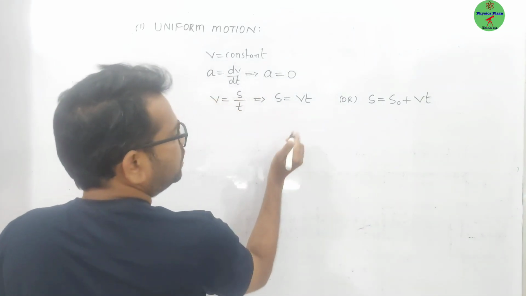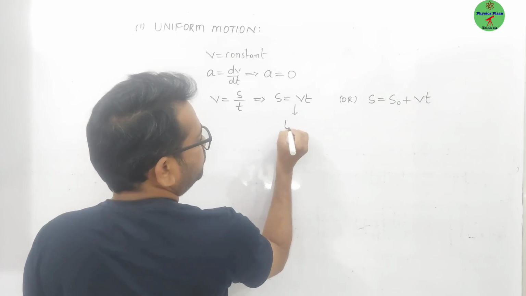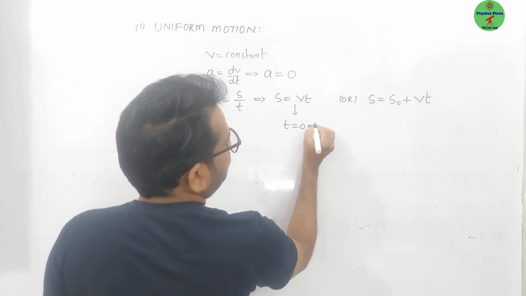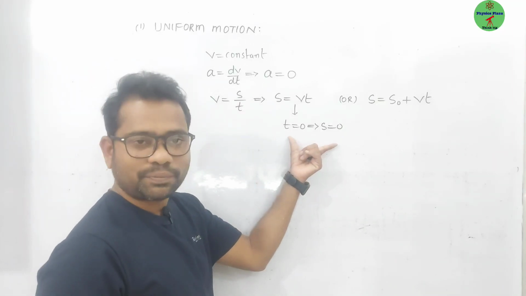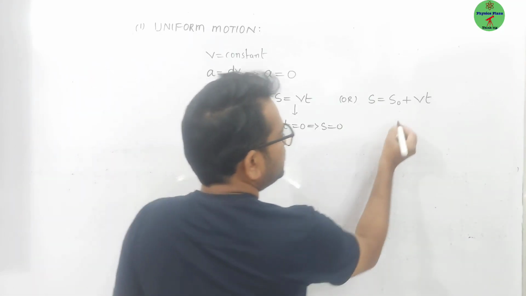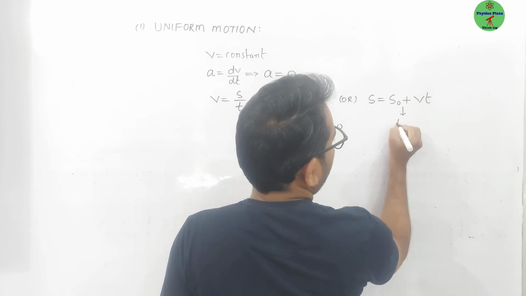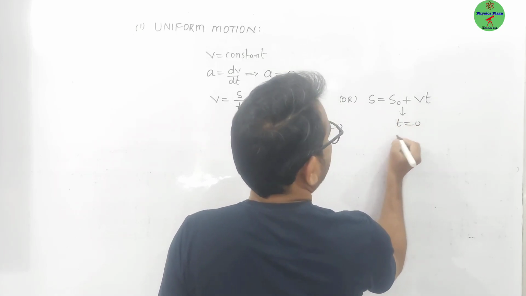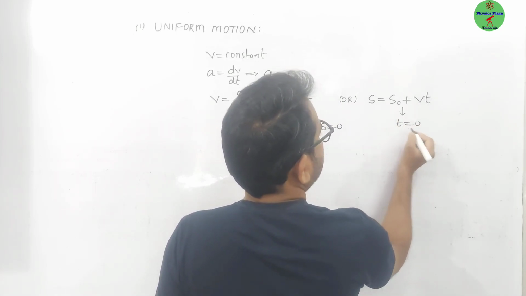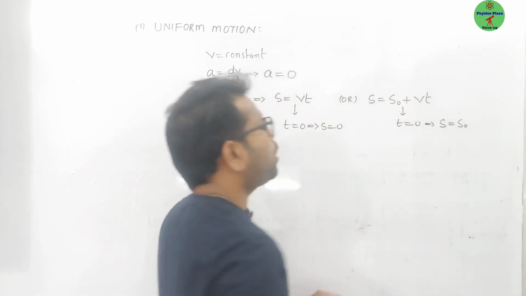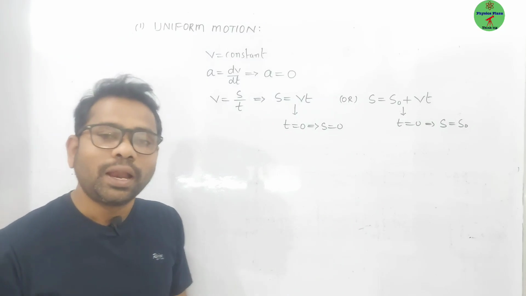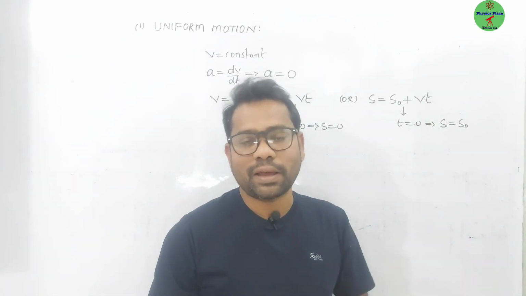So this is S is equal to VT, means you put T is equal to 0, displacement will be 0, which means it is starting from rest. Whereas here, you put T is equal to 0, then S is equal to S naught, which means the body already had some displacement. Now let us see what kind of graphs we are going to get.